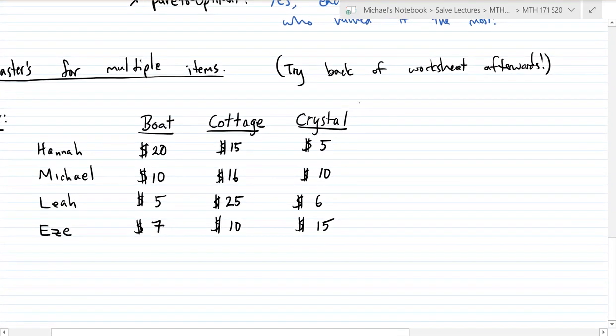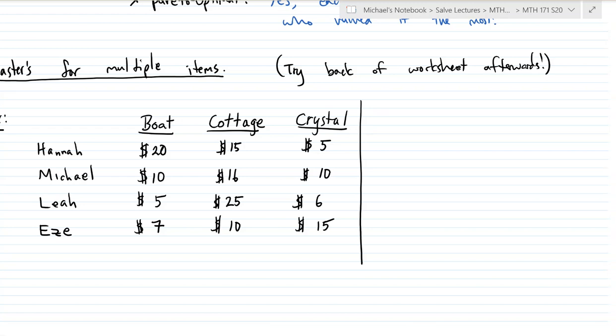The first thing I need to do, and this is just the setup, is continue this table to see what everyone should get. We need to see how much everyone values the whole collection, so I'll call this the total value. I'll add up across the rows.